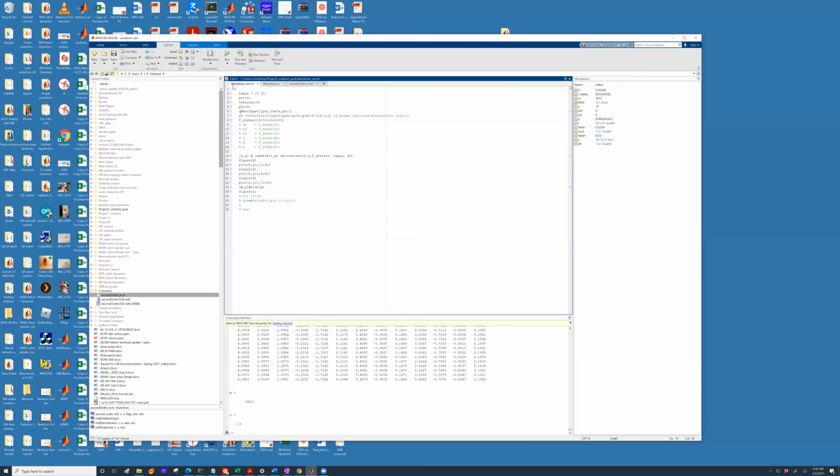Now, if you look at the derivatives_run.m file, first we specify the time span, then we specify the initial yaw value. So the initial yaw angle is 0. This is the initial yaw. Then the theta value, this is the initial pitch value. And phi0 is the initial roll value.